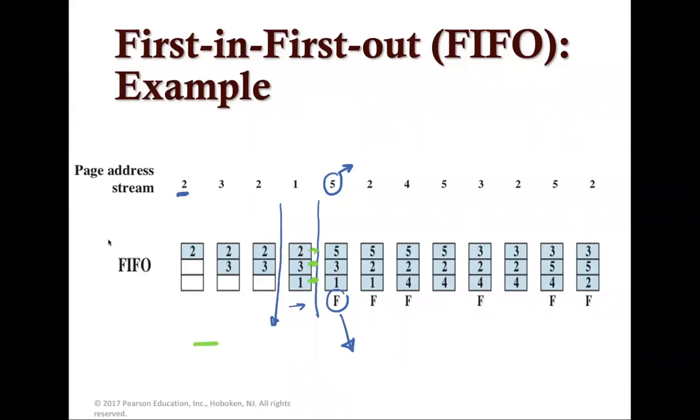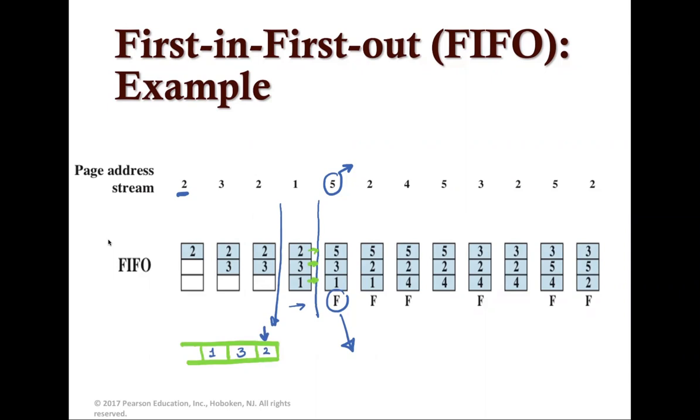If we look at first in, first out, this is exactly like the queue structure we talked about before in the round robin strategy, where we have a pointer. So this is where 2 started, and then 3, and then 1. And the removal will depend on the pointer, which is pointing to the first arrival.